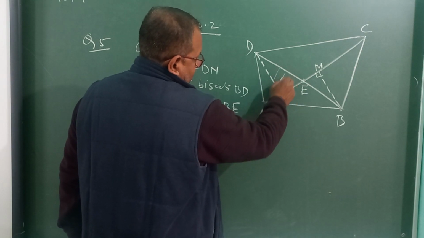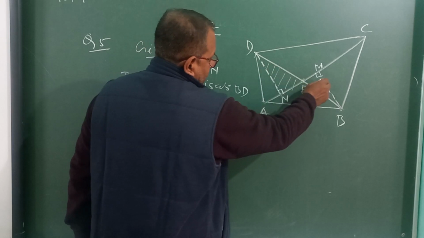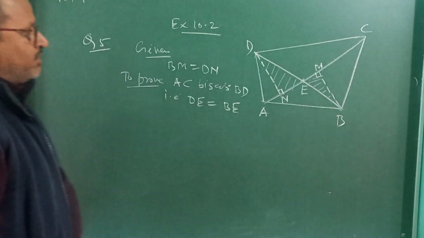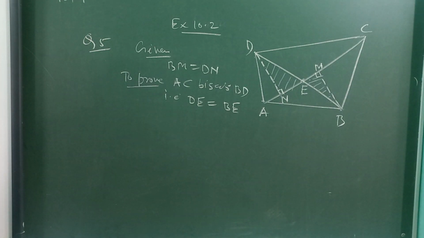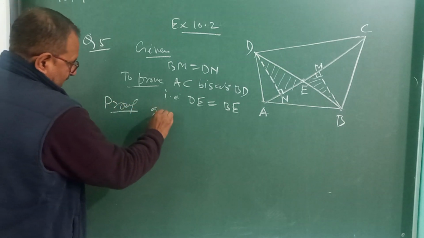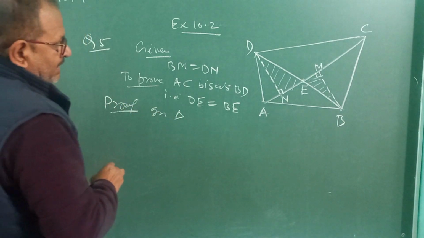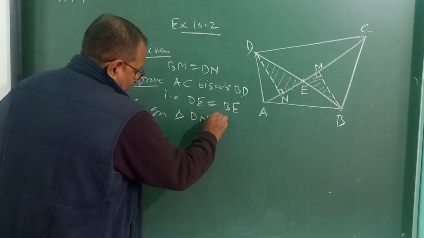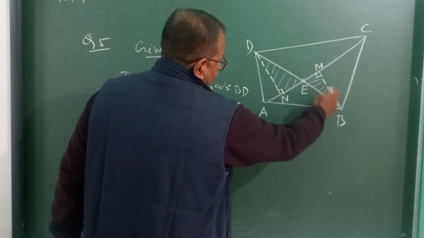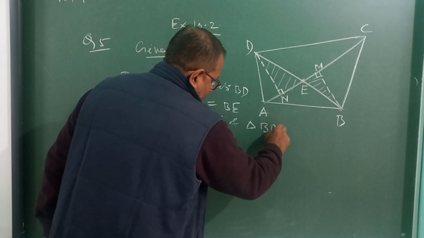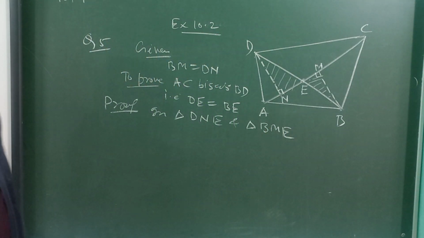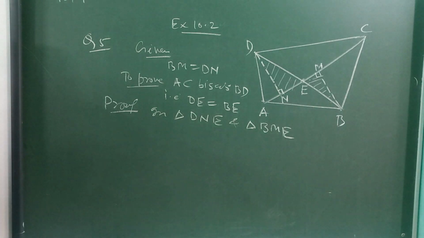Again we will take two triangles and prove them congruent. So write the proof. In triangle DNE and triangle BME, see how we can prove congruence.